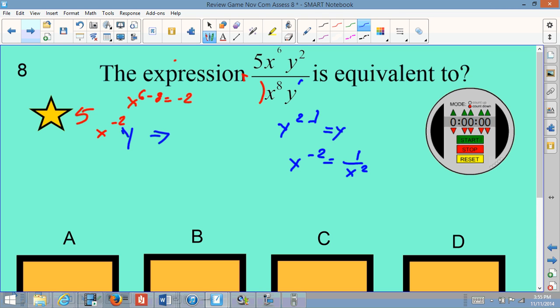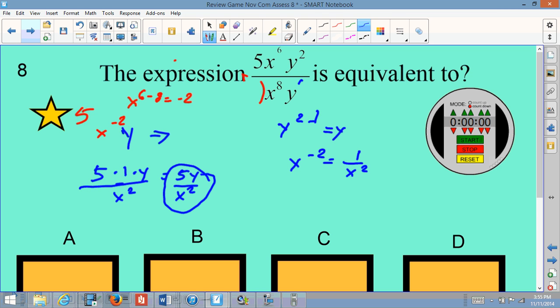So if I put a 1 underneath x squared and flip it upside down, I'll have 1 over x squared. So I'm going to put this as 5 times 1 times y over x squared. And this will equal 5y over x squared, which is going to be my answer.